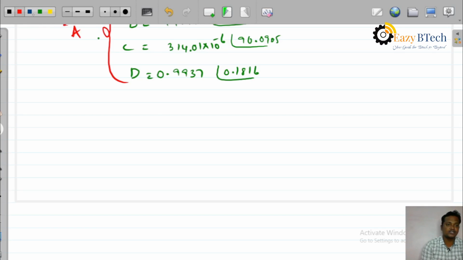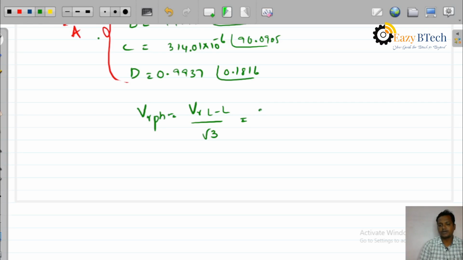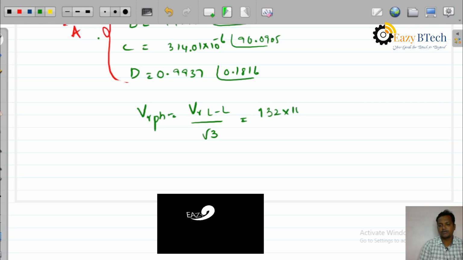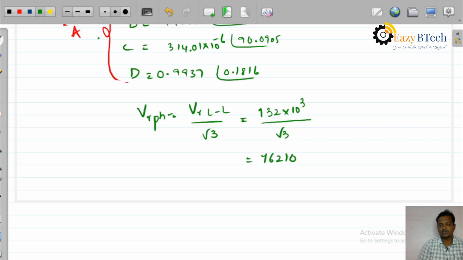The receiving end phase voltage VR phase equals to VR line to line voltage divided by root 3. This value equals to 132 into 10 power 3 divided by root 3. We get 76210. I am taking it as the reference, that's why at an angle 0 voltage per phase.